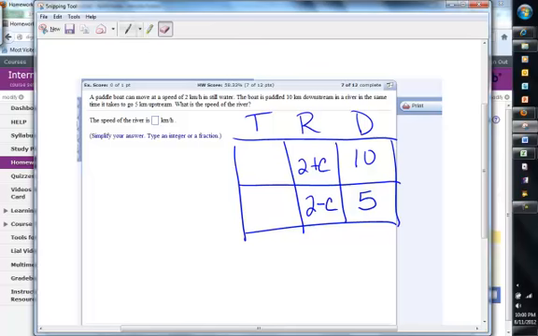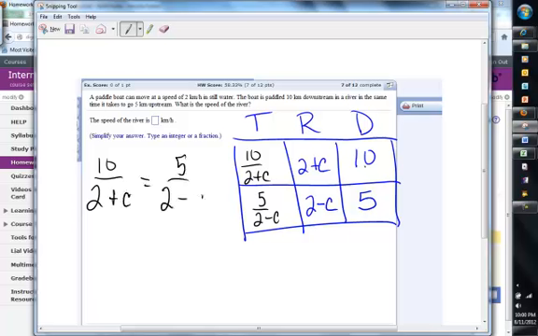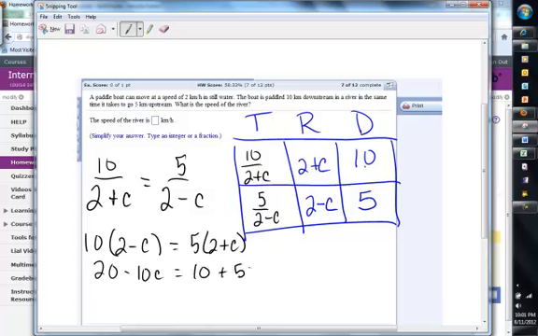In the first case, remember, it's 10 divided by 2 plus C. And 5 divided by 2 minus C. Now you've got two equations that are equal to each other, which you can solve by cross multiplication, and you get 10 times (2 minus C) equals 5 times (2 plus C). 20 minus 10C equals 10 plus 5C.